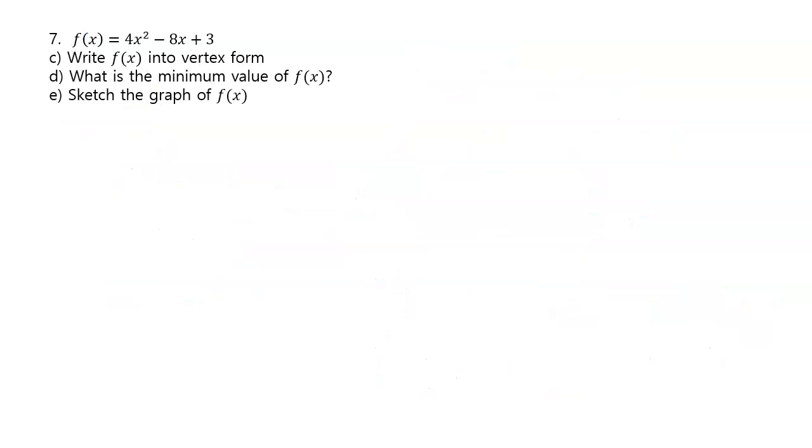Okay, so the tough and hard part. Turn f(x) into vertex form. What is the vertex form? You have to remember that first, right? Vertex form is y equals a times (x minus h) squared plus k. That's the vertex form.